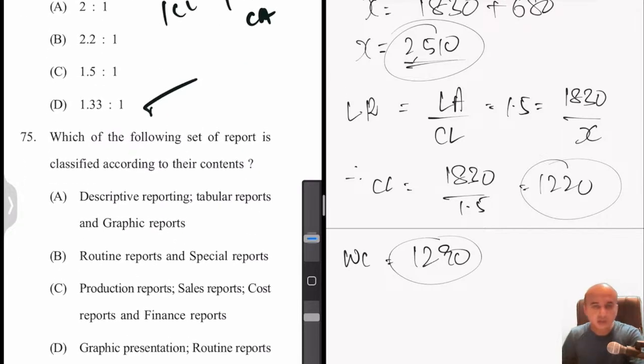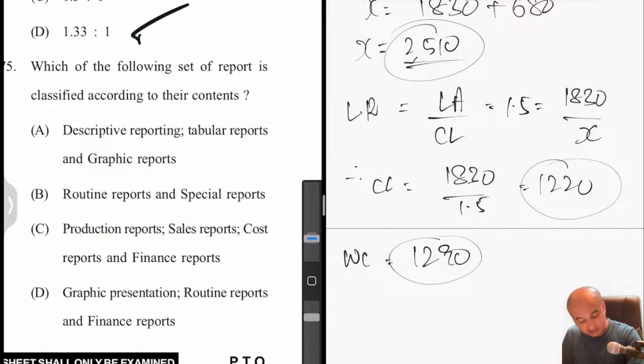Next, question number 75, last question for the day. Let's look at it and wind up. Which of the following set of report is classified according to their contents? Not a very interesting question, but still see. Descriptive reporting, tabular reports, and graphic reports.